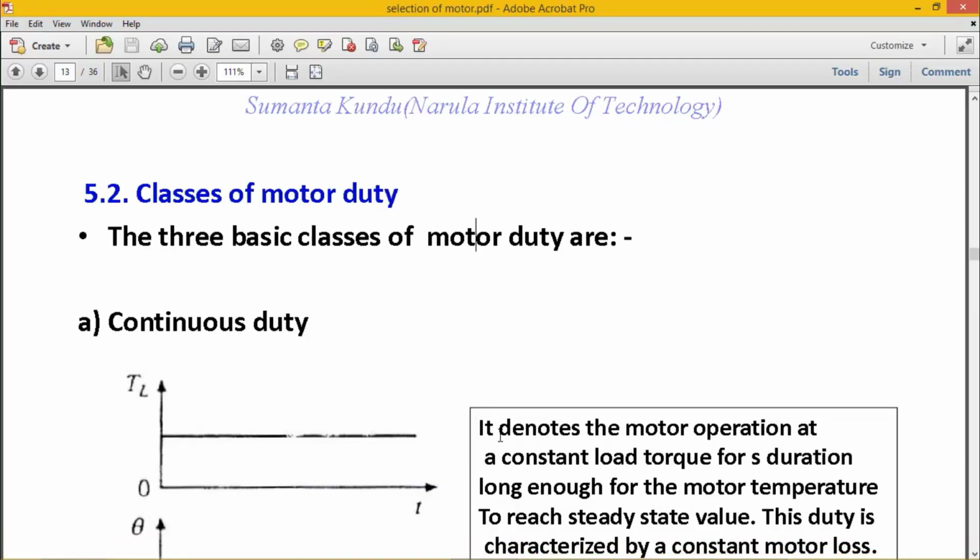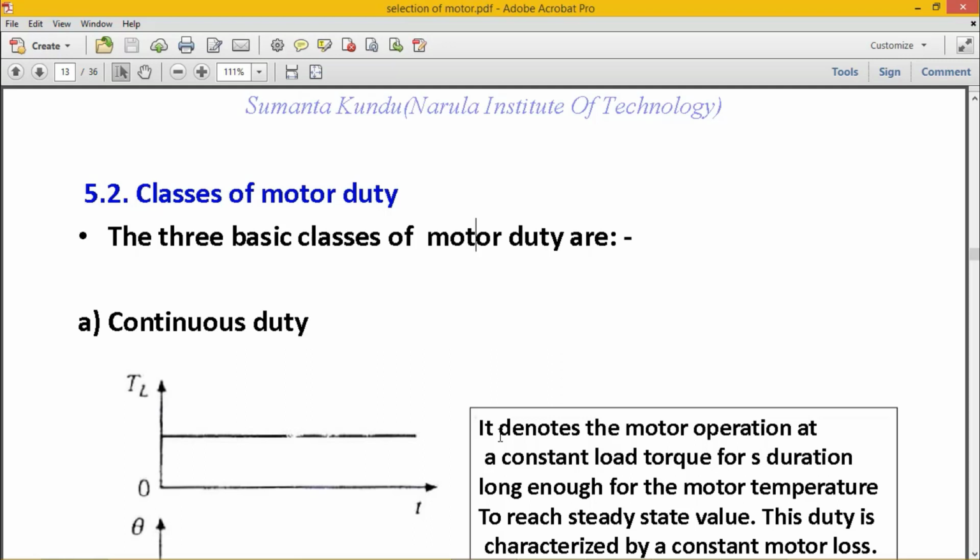We already discussed classes of motor duty in our lecture number 2, and I will cover this topic just for recapitulation purposes. We have seen that motor duty can be classified into 8 basic categories.